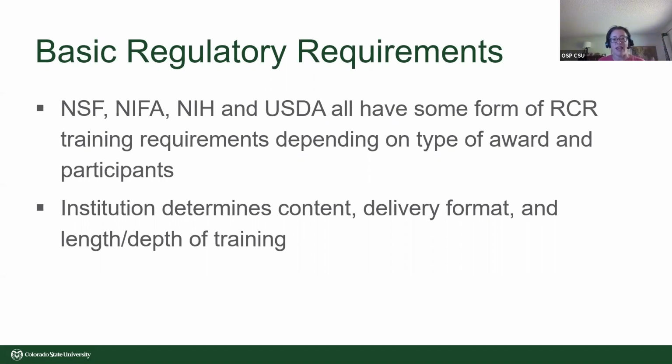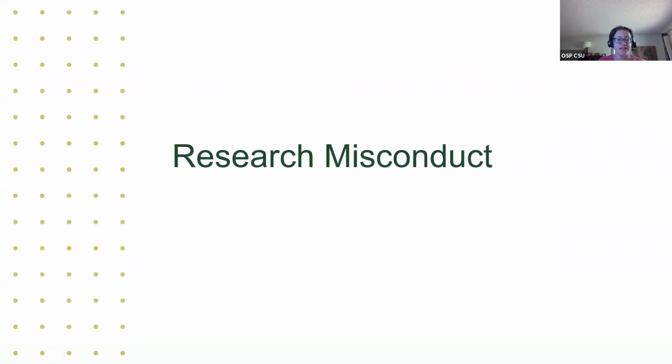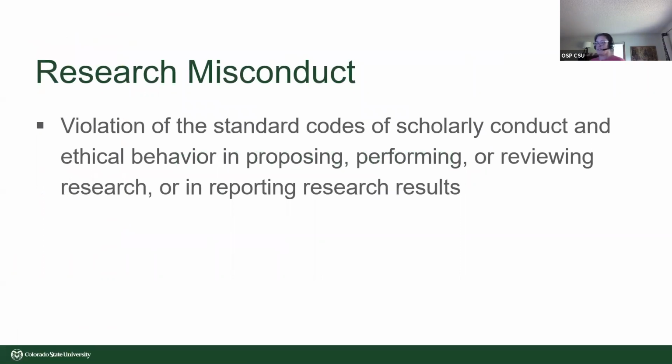Some other areas that we haven't talked about are things like research misconduct. So research misconduct is when these trainees or anybody violates standards of scholarly conduct. Whether it's in the proposal, so they've plagiarized information in their proposal, or they provided false data in their proposal.